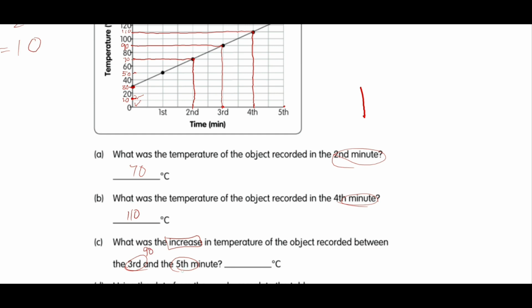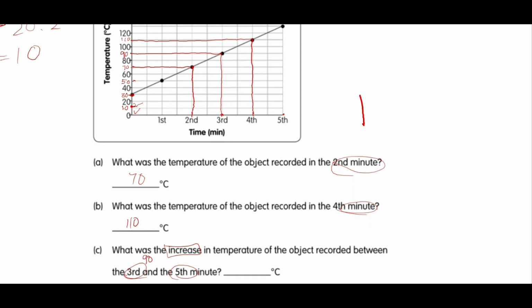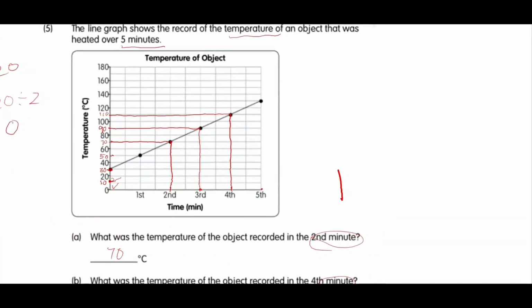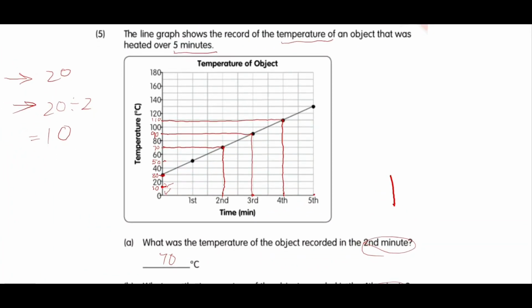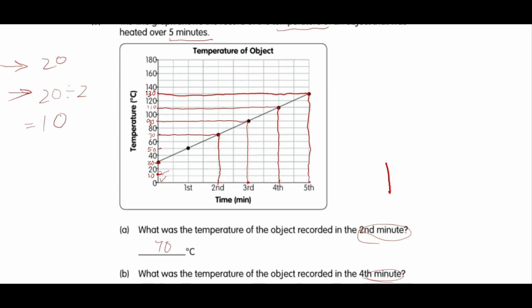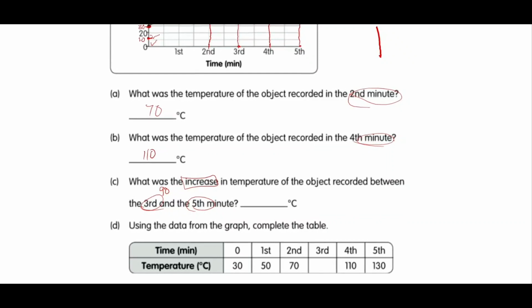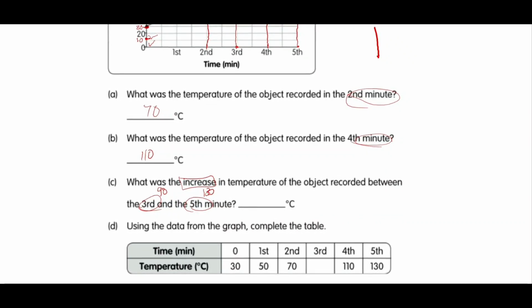Let's find out what is the temperature on the fifth minute. On the fifth minute, the temperature is here, which is 130 degrees. So I will write down on the fifth minute is 130 degrees.